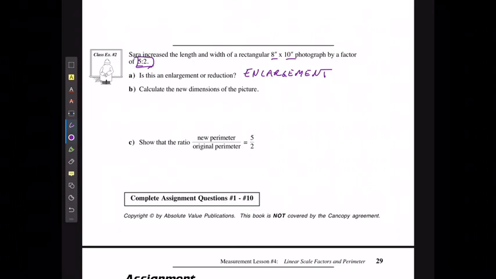Well, if it's got a scale factor of 5 over 2, then it's going to be 8 times 5 over 2 by 10 times 5 over 2. This is going to give me 20 inches by 25 inches.